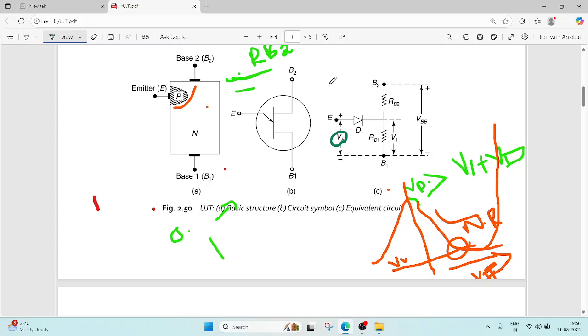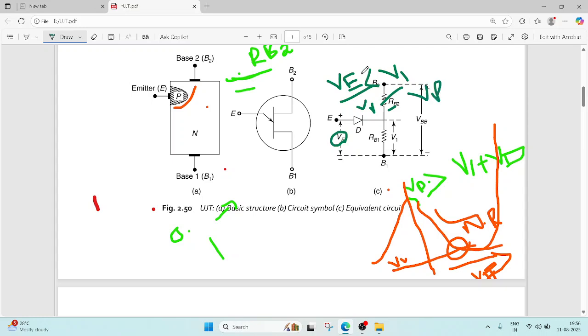The VE value is less than V1. What happened? The diode is in reverse bias. Once the VE value is equal to VP, the maximum voltage, the diode is in conduction.